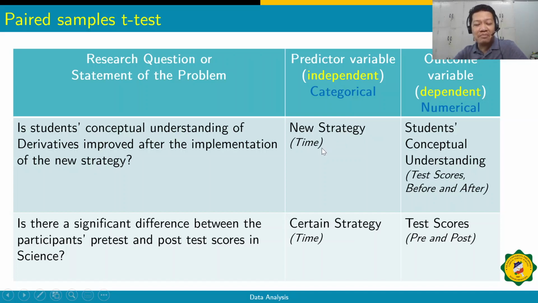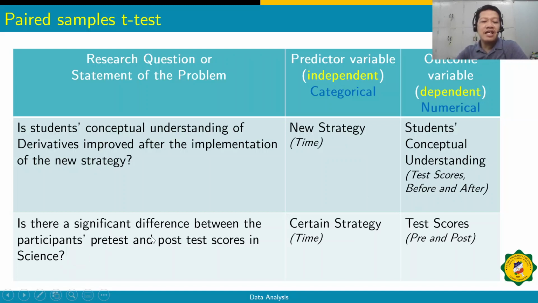And for a paired sample t-test, it may require time, because you need to gather data at different points in time, a period of time. So that's why we put here time. There is actually a clue here: we have the before and after the implementation of the new strategy. So our dependent variable here is the students' conceptual understanding through a test. That's why the data gathered will be test scores.